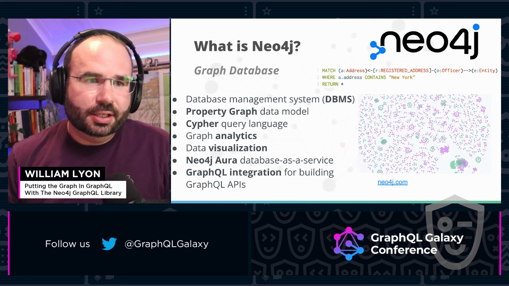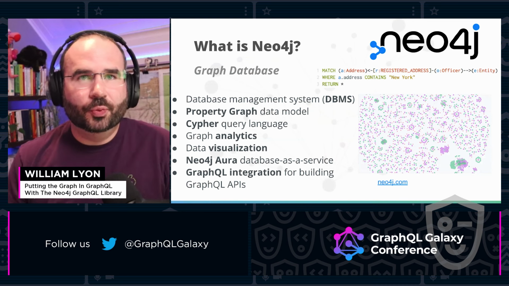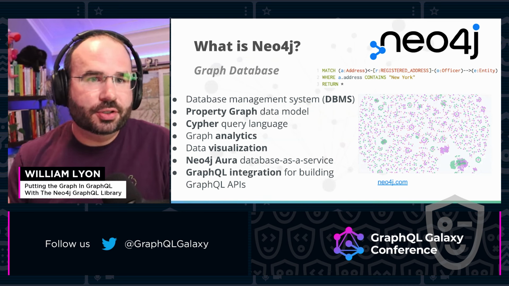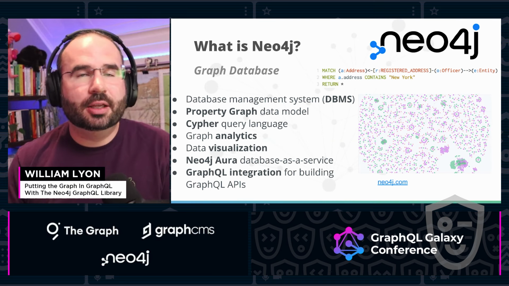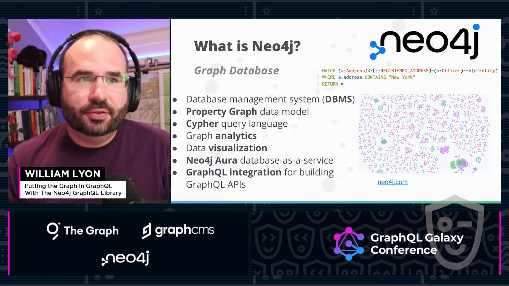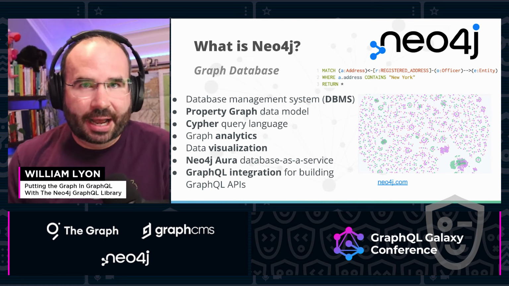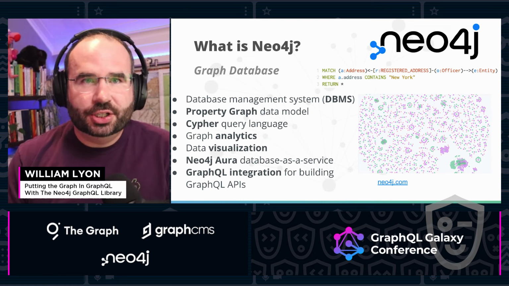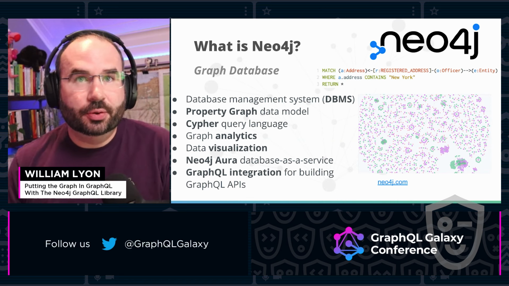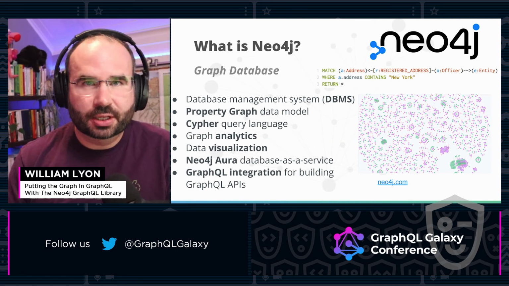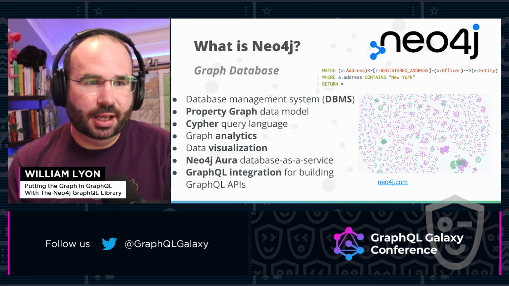So Neo4j is a graph database that is similar to other databases that you may be familiar with, like relational databases or document databases. But the biggest difference is that the data model is a graph. So nodes are the entities, relationships connect them. And with Neo4j, we use a query language called Cypher, which we'll take a little bit of a look at today as well.